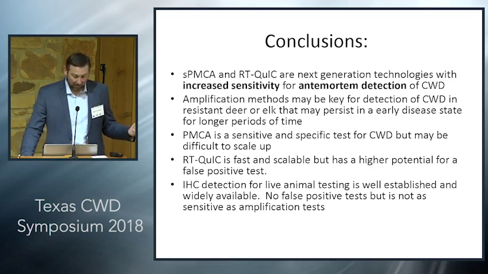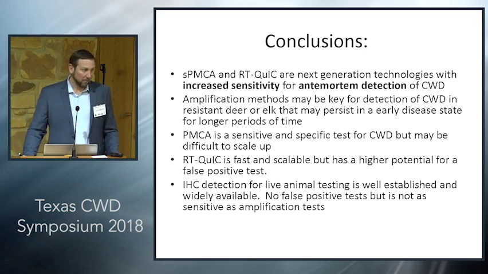RT-QuIC is fast and it's scalable. It has a higher percentage of false positive reactions, so there's a trade-off with those two tests. However, I think they both work really well for this. IHC detection for live animals is well established and widely available, and you're not going to have a false positive problem with that test either. But the trade-off there is it may not be as sensitive as these amplification tests.